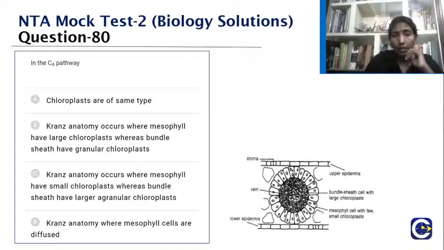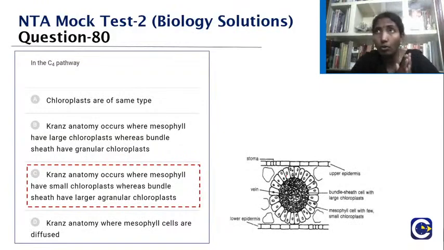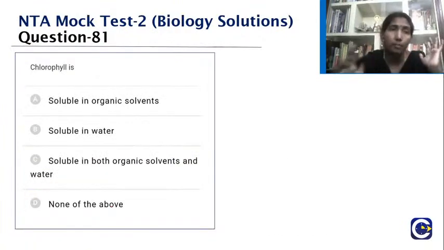The vascular bundles are surrounded by the bundle sheath. In the bundle sheath, the chloroplasts will be dimorphic: they will be large but will not have grana. The mesophyll will have small chloroplasts, but they will be granular. So the answer: mesophyll will have small chloroplasts, bundle sheath will have large chloroplasts with no grana. That should be the option.